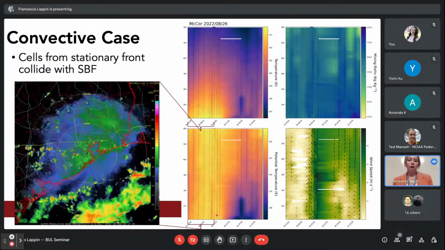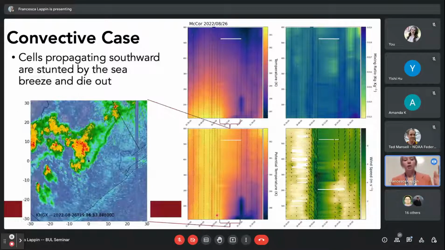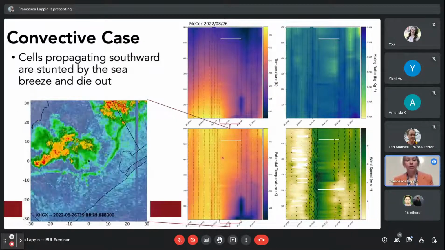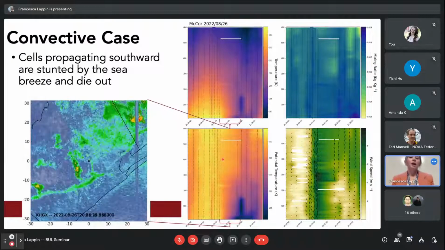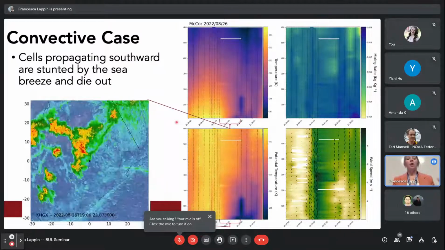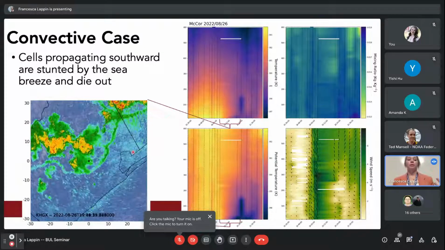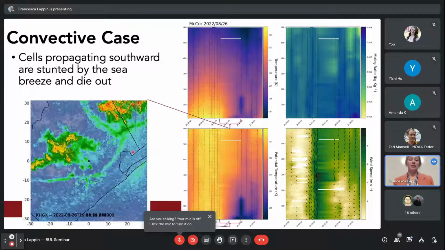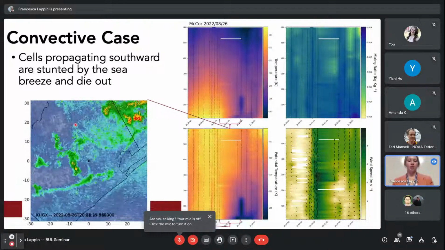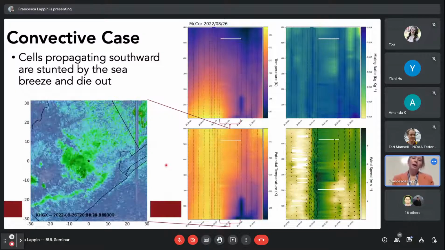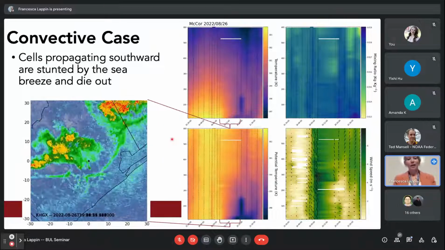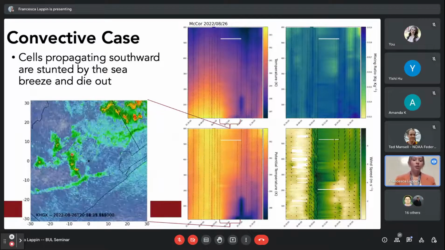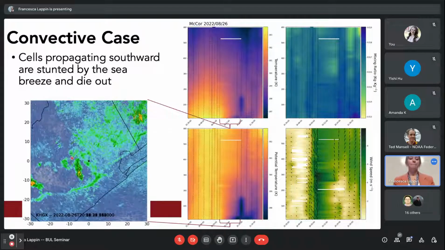So looking into this region, before I lose my own train of thought, we want to look at what happened to those cells once the sea breeze front hits those pre-existing cells that are trying to keep moving southward. And unfortunately, lightning risk: you can't fly while there's lightning around, which was quite an issue for this particular day.